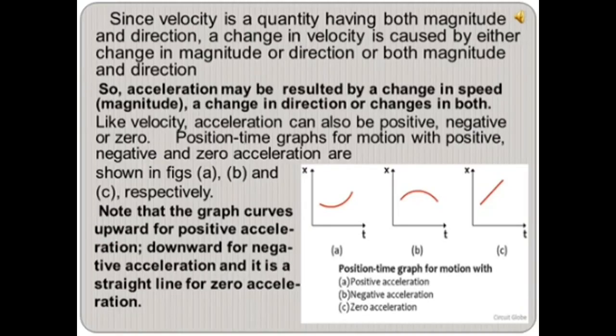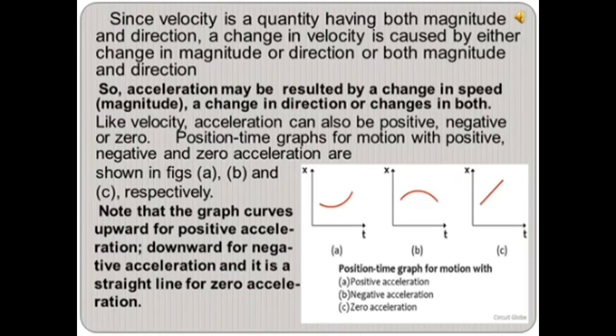So, acceleration may result from a change in magnitude of speed, or a change in its direction, or a change in both magnitude and direction. Like velocity, acceleration can also be positive, negative, or zero.